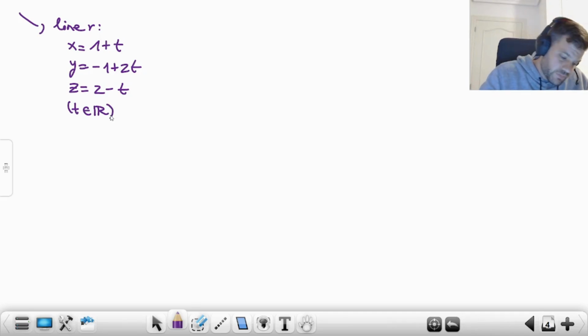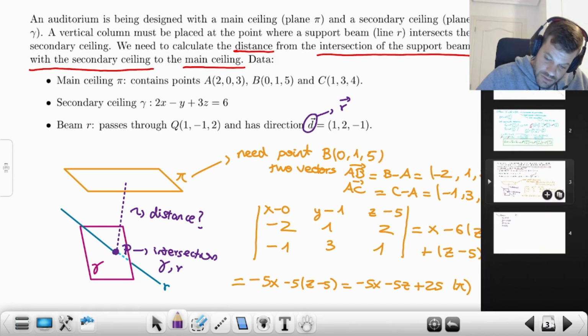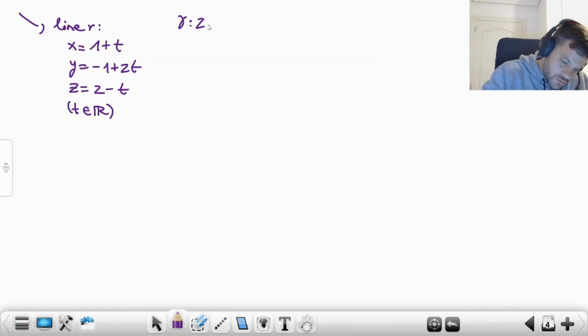And plane gamma was given by the equation 2x minus y plus 3z equals 6.